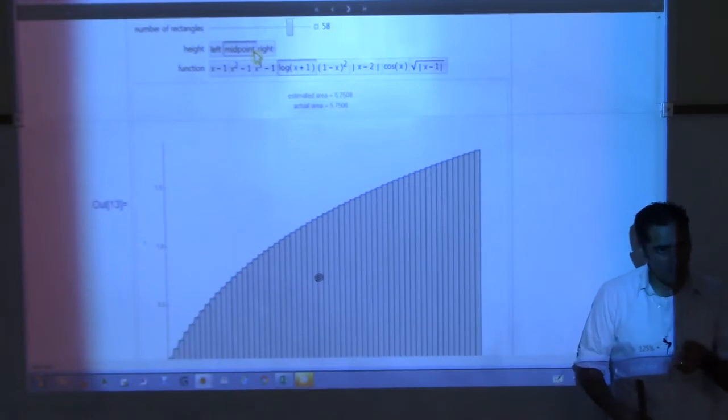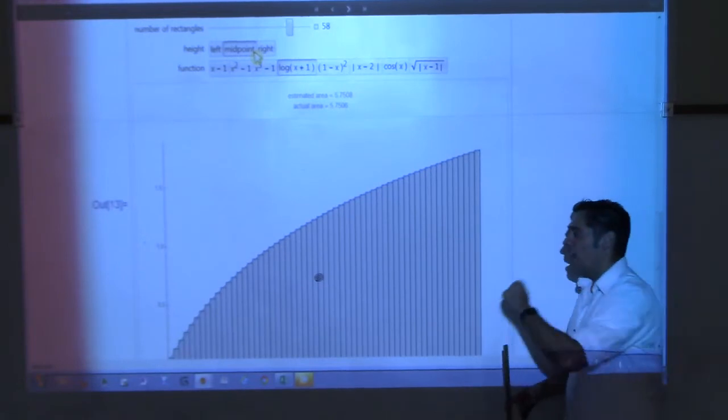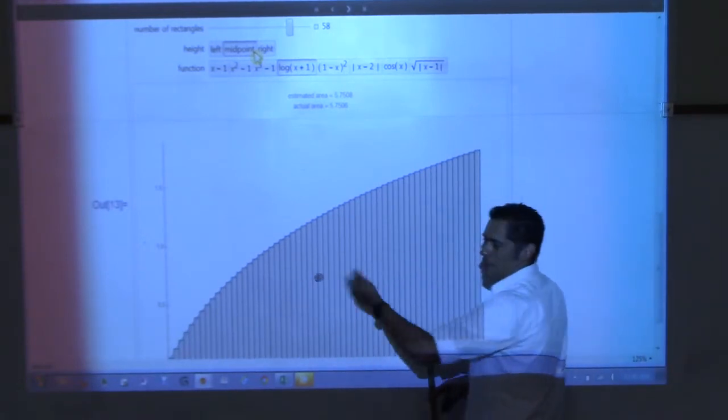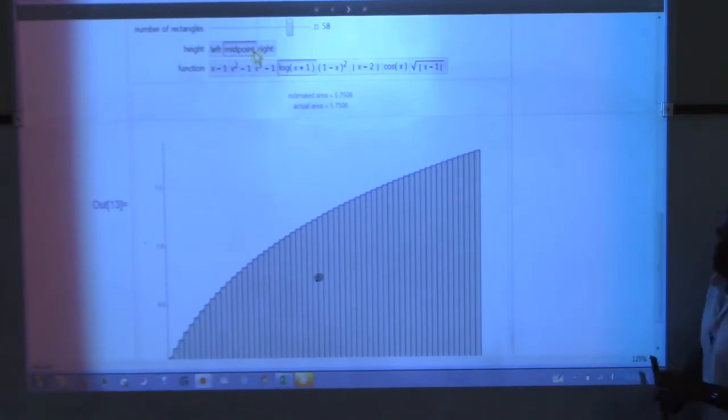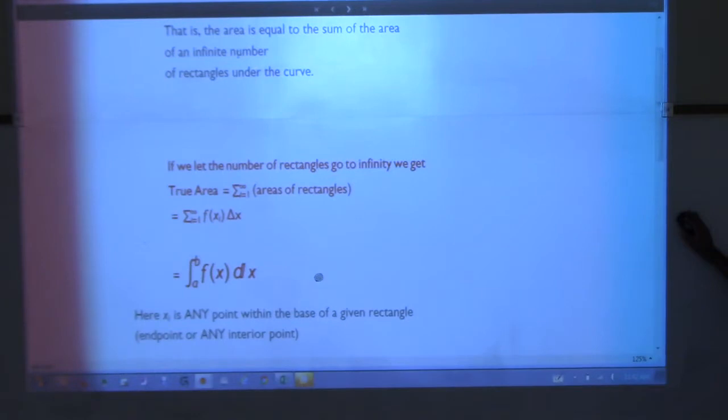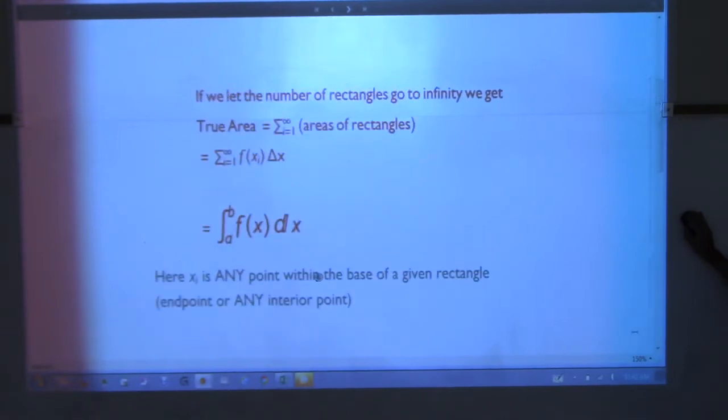It's the formula that you use to actually calculate by hand that sum, and it's usually a very ugly formula. So that's what I say here in red: if we let the number of rectangles go to infinity, we get the true area.